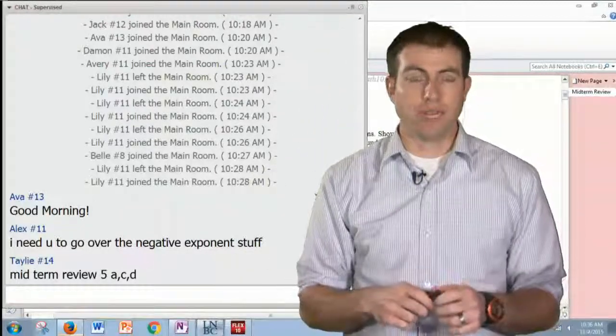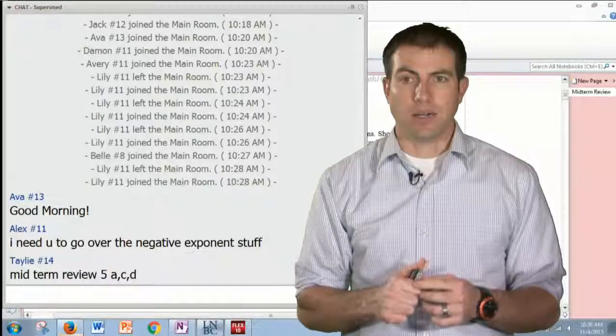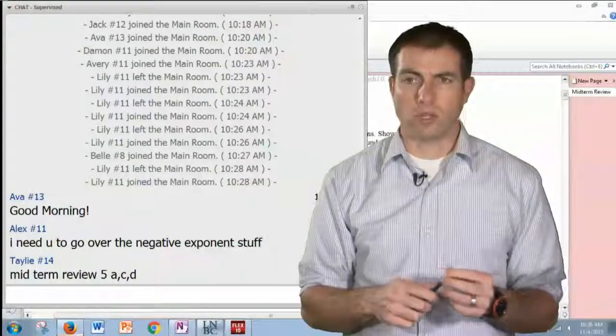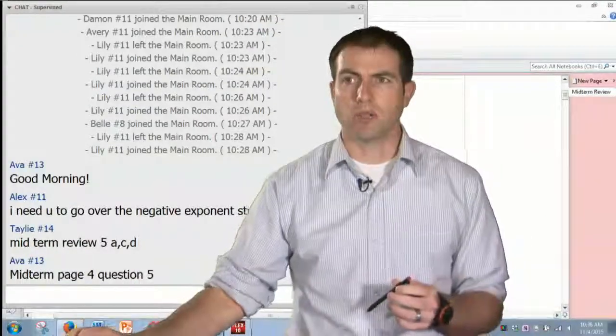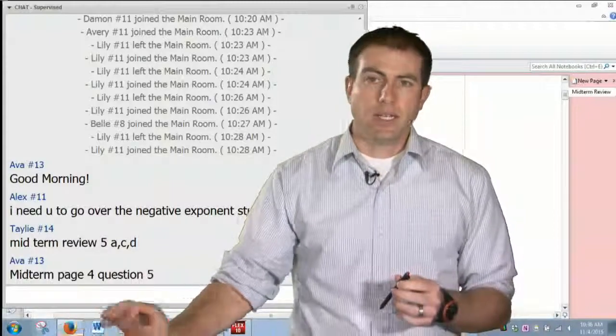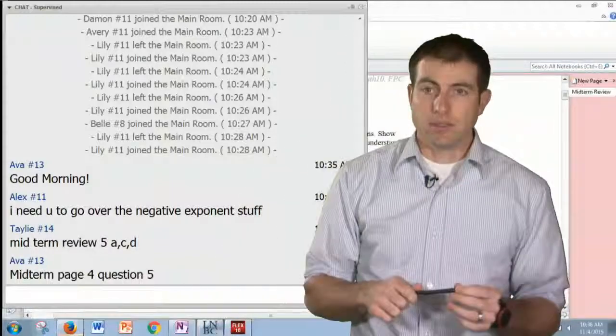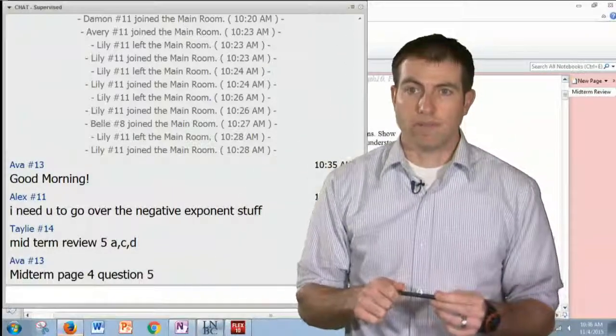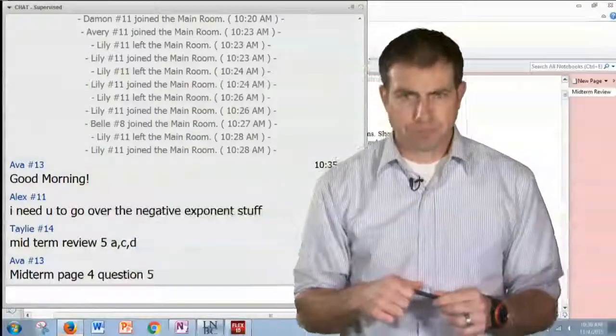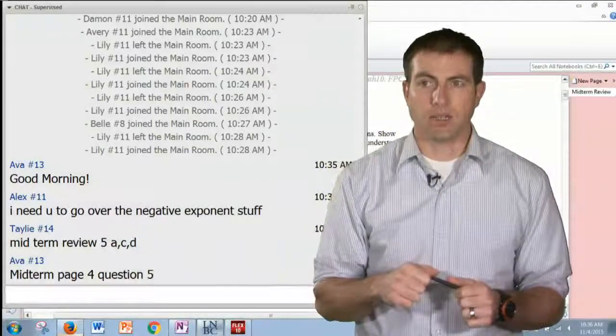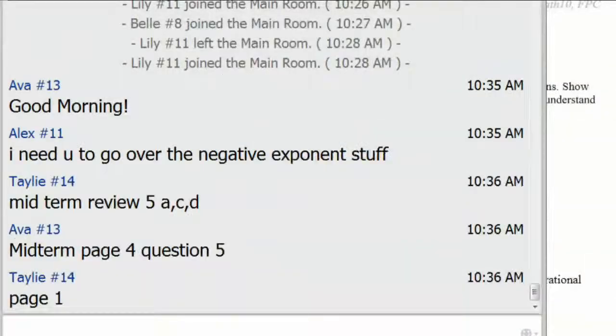Midterm review 5A, C, and D. Which page, Taylor, or which section? I think it's broken up into a few sections. Anything else? Midterm page 4, question 5. I like it. I can find that. I'll just go, and if you have questions you want me to go through, I'd be happy to do them.